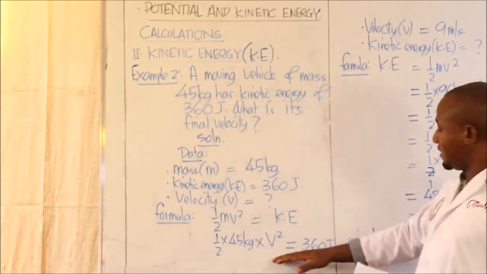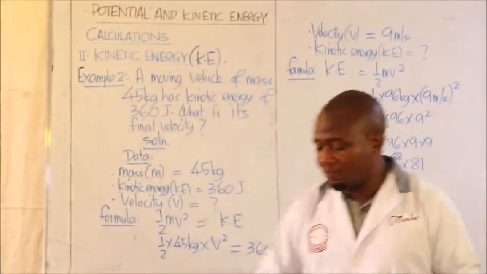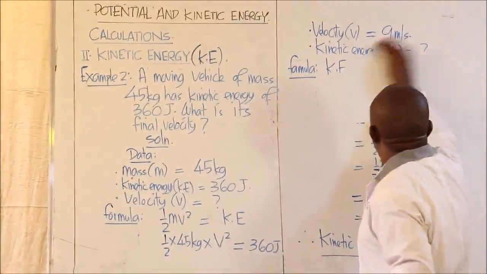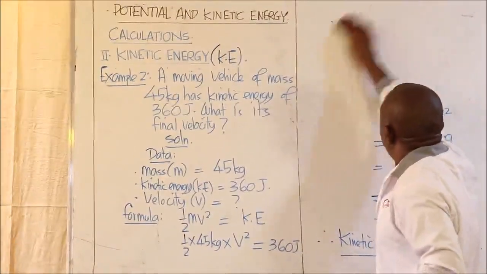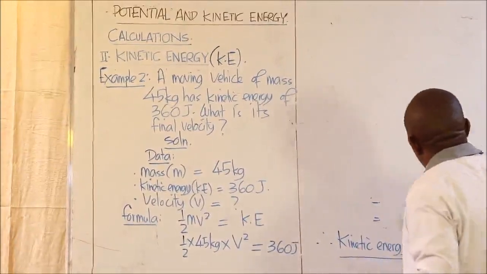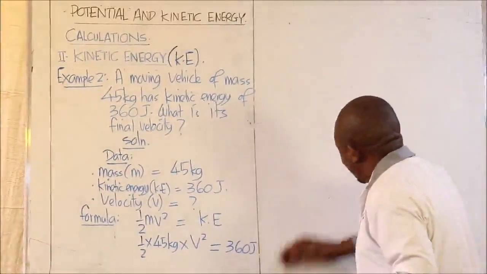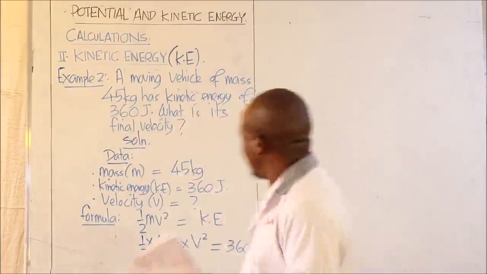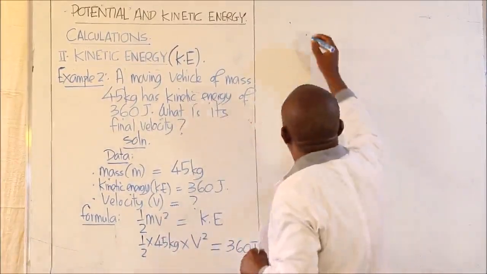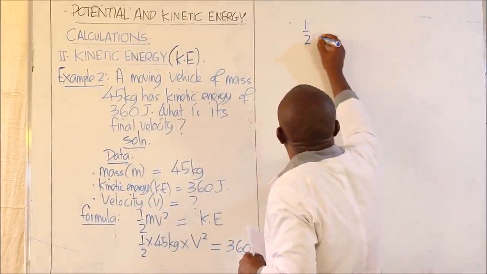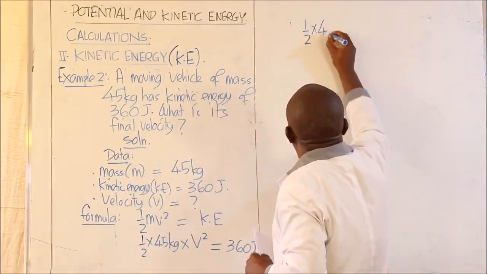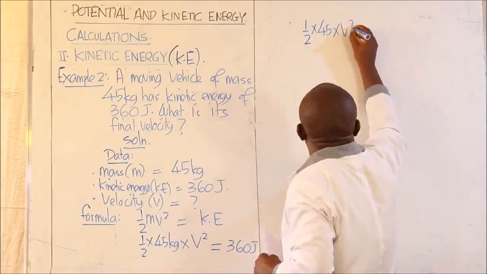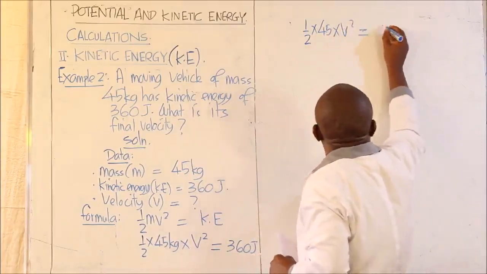So I hope this element is understood. Now next step from there, we leave units so that we don't get confused in the process. We go to substituting the numbers, the mathematics part of it, which is the same as saying a half times 45 times v squared equals to 360.